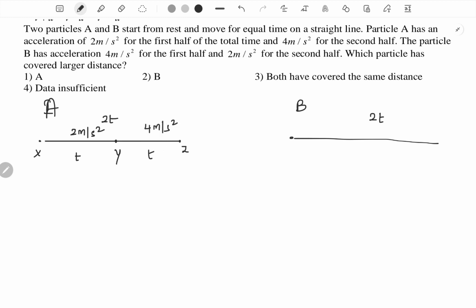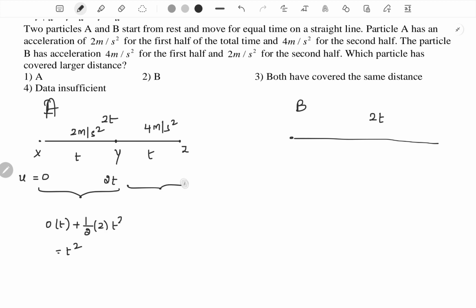Time taken is basically t. Now both started from rest. Let's say the velocity at x is 0. Then velocity at y would be, if you use v is equal to u plus at, 2t. So the displacement in the first t seconds of time would be ut plus half into a into t square, which is equal to t square.